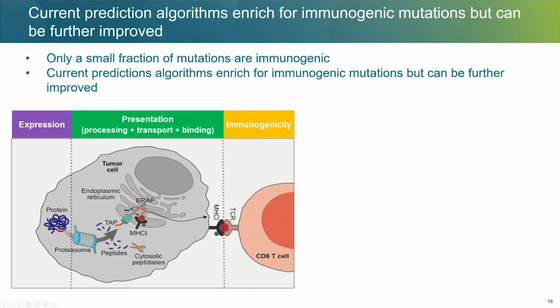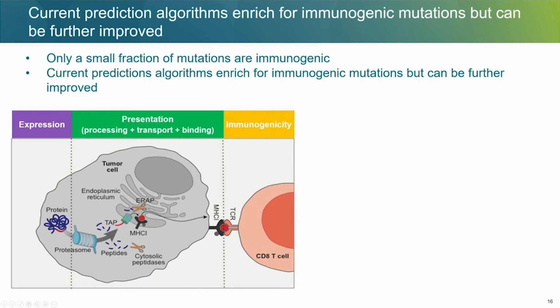So I'm going to focus over the next slide on antigen prediction. In order for these antigens to be presented to T cells, first the proteins have to be degraded by the proteasome into small peptides. These peptides are then transported through the TAP transporter into the ER, where they are loaded onto MHC class I. The MHC class I peptide complex is then transported to the surface for presentation to the T cells.